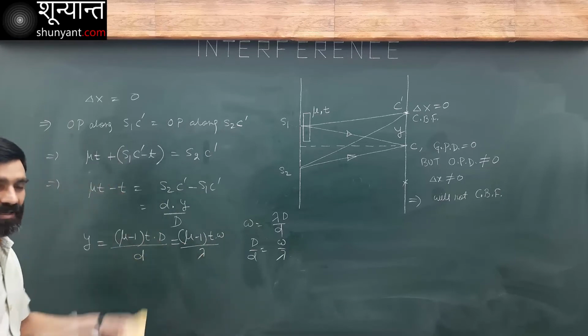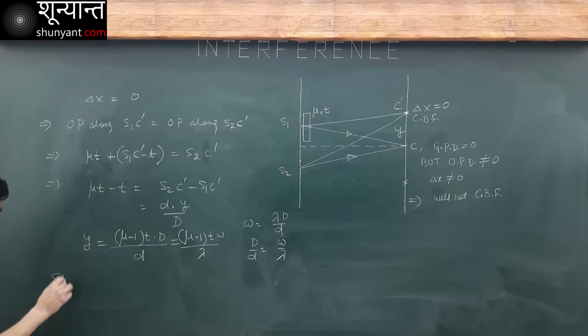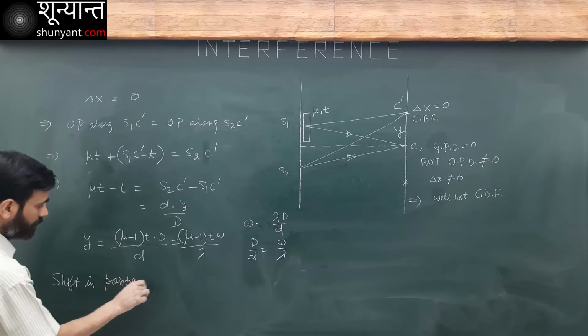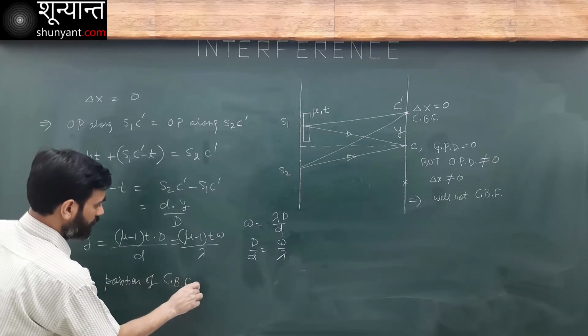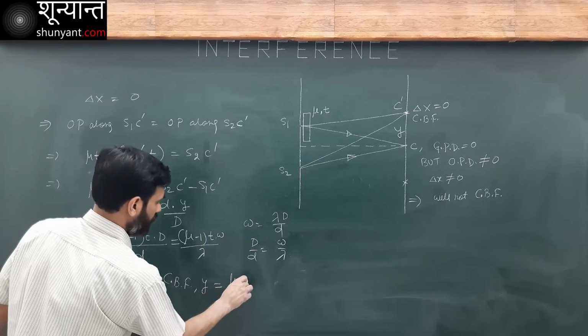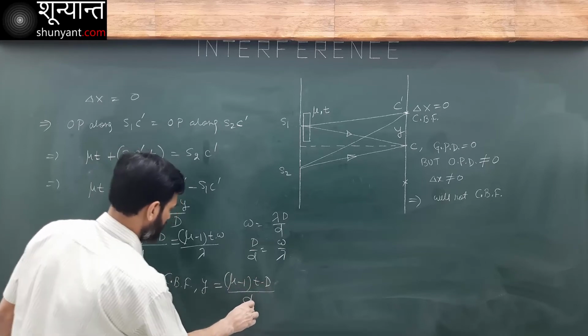In different forms it can be arranged. What is this? This is the shift in position of the central bright fringe. Y is equal to (mu minus 1) T into D over small d.